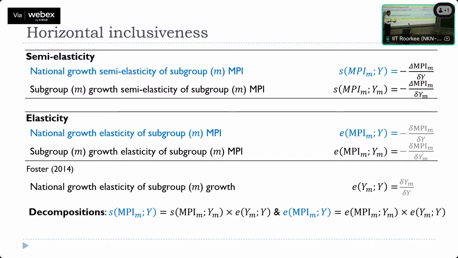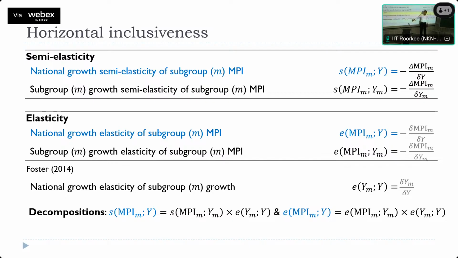Suppose I'm saying, okay, growth has taken place. Take the example of West Bengal. National growth has taken place, but that reduced poverty in West Bengal. We are going to break it down into two components. We will look at how much of the national growth has contributed to state growth.